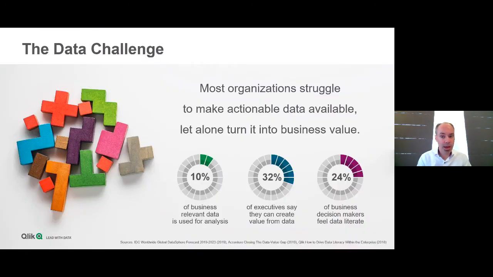So first of all, let's set the scene here a bit. The data challenge is real for every organization around the world, and most of them are struggling to make actionable data available to those who need it, when they need it, let alone turn that into business value. Research suggests that only 10% of business relevant data is actually used for analytics.